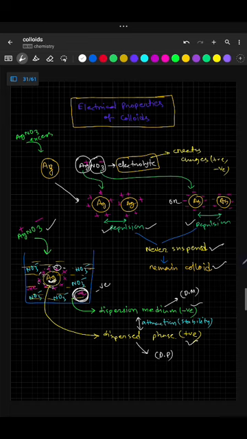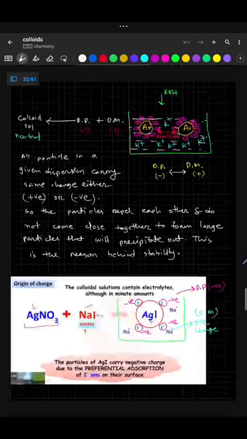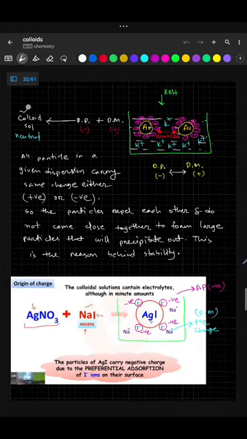So that's how there is an attraction between the dispersion medium and the dispersed phase. And if we go to the next chapter, we all know that this colloidal solution is divided into two parts. There is dispersed phase, dispersion medium, and we also know why dispersed phase is negative and dispersed medium is positive.